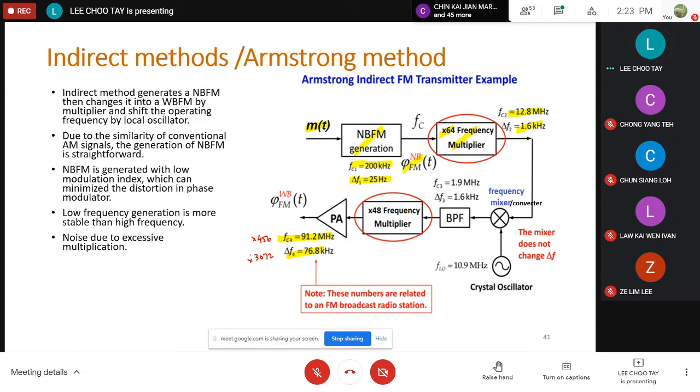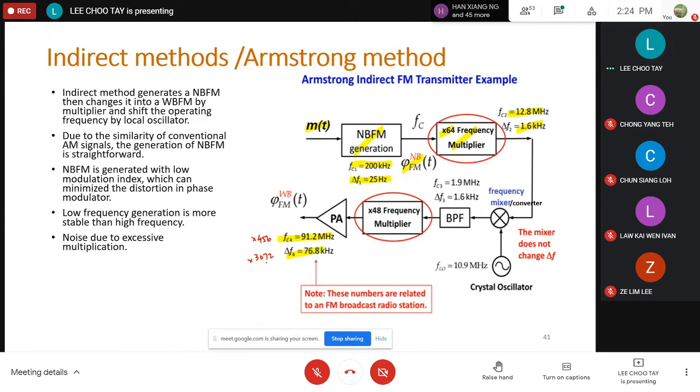So that means we cannot simply feed the signal through a frequency multiplier, because the carrier frequency needs a lower multiplication factor as compared to the frequency deviation.